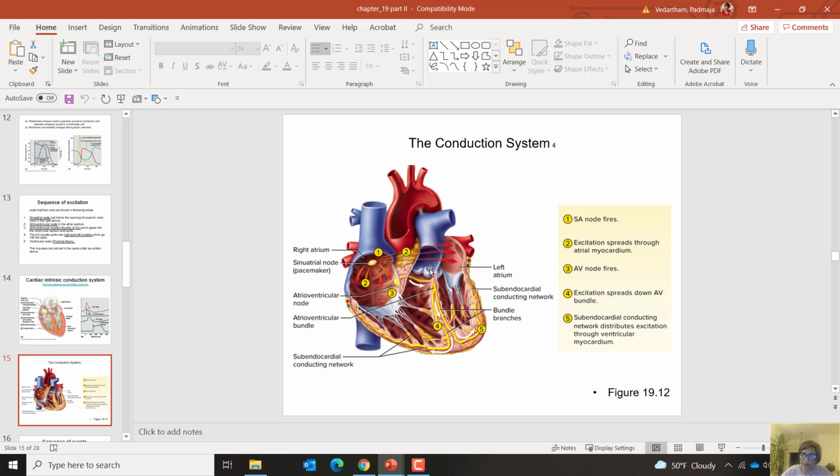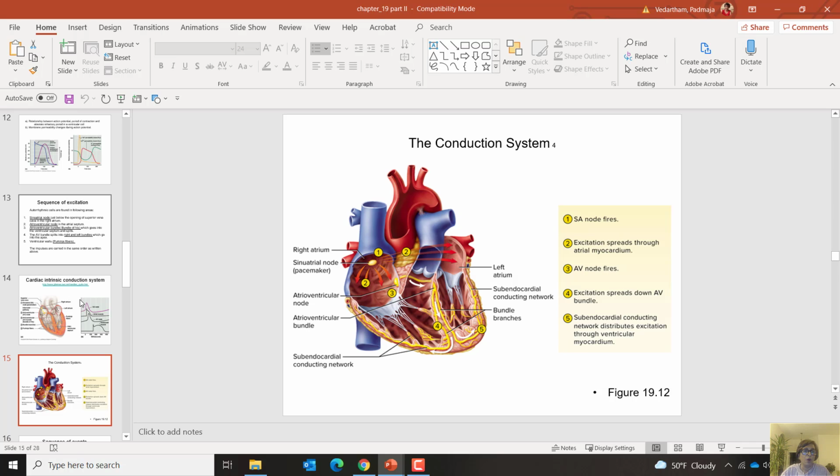Okay, so the atria contract, and at that time you have the message going down, message meaning depolarized wave, going down the AV bundle, and then the AV bundle bifurcates and goes to the apex all the way to the side, to the whole wall. And before that, it innervates the papillary muscles, which makes these muscles contract, closing the valve. Okay, so we'll talk about that in the next part when we put all of them together.